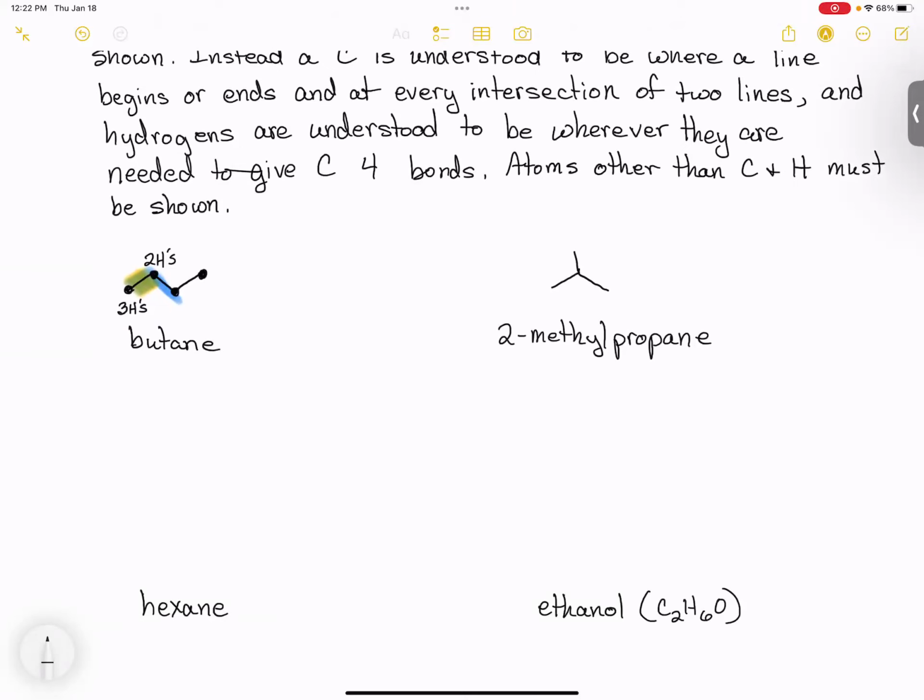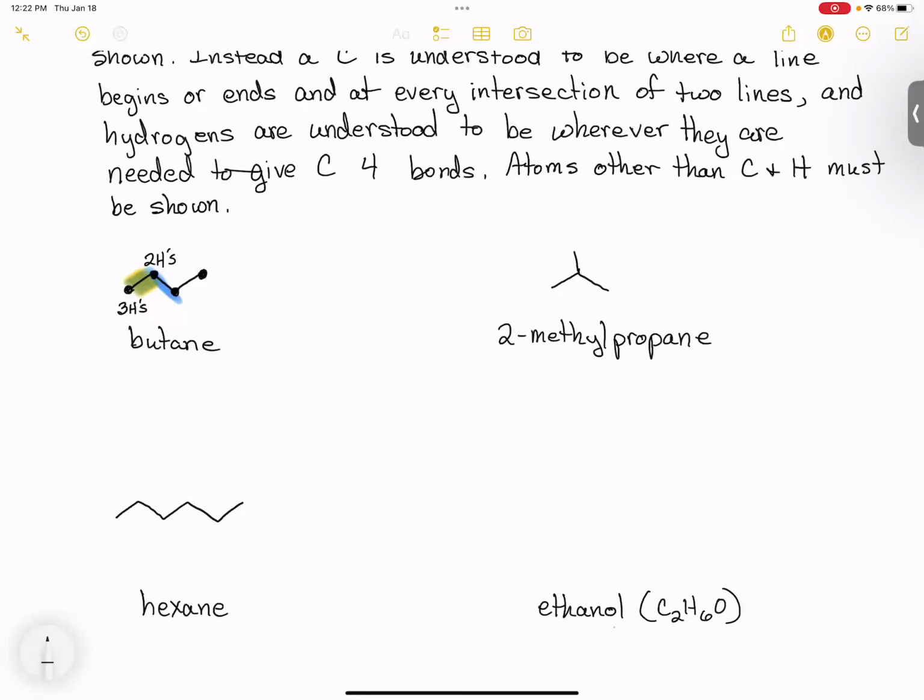Hexane, if you look back, was 6 carbons. So 1, 2, 3, 4, 5, 6. That is the line structure for the straight alkane chain of hexane.